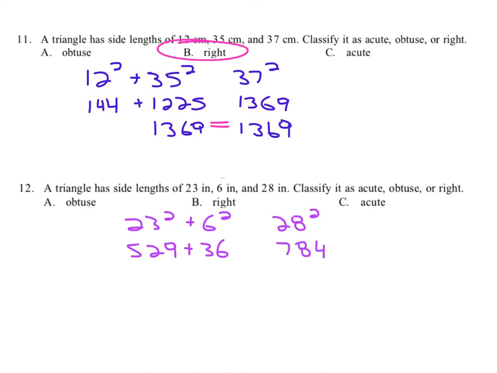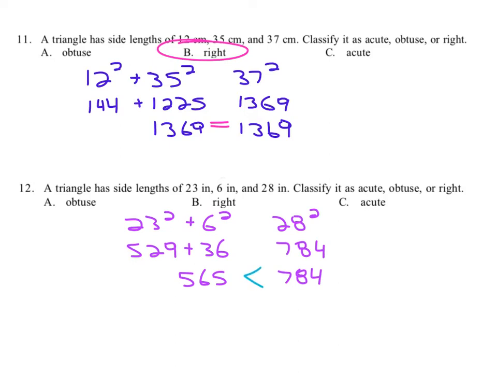And let's add 529 plus 36, and we get 565 and 784. How do they compare? Well, this is bigger. The hypotenuse length is bigger.